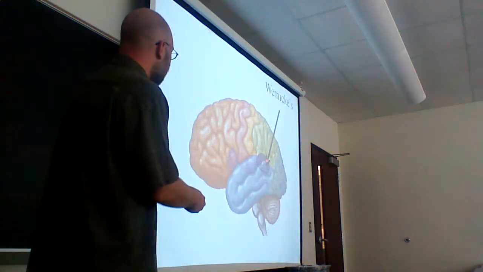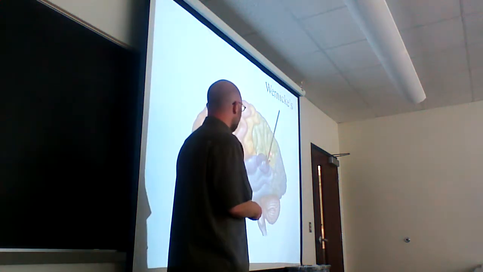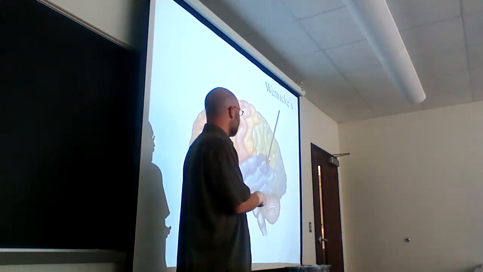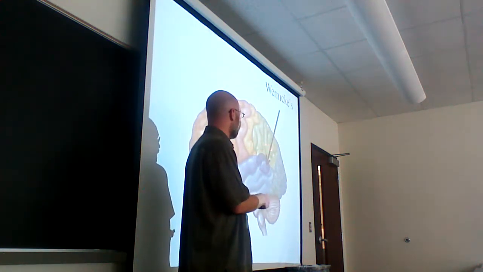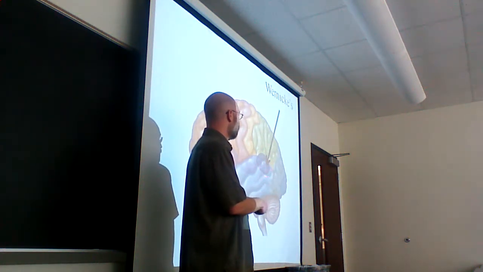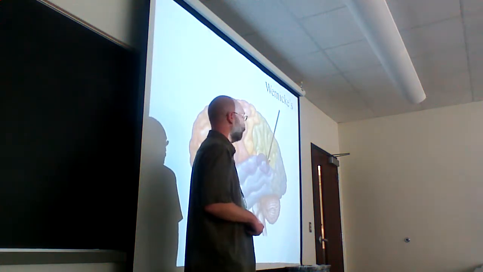There's a very special association area that is right next to the primary cortex for sensation. That's part of the auditory association area. That's actually surprisingly close to a lot of the visual architecture as well.